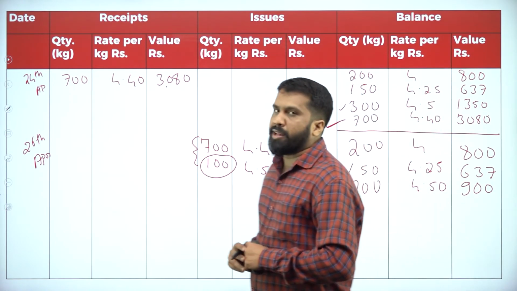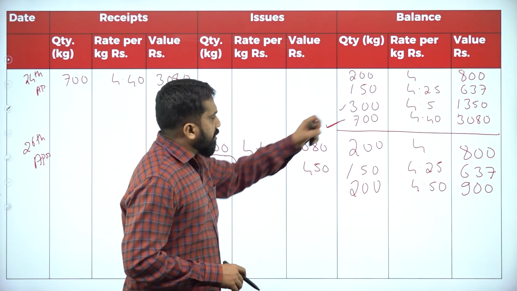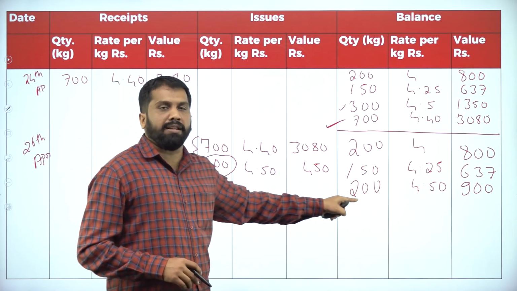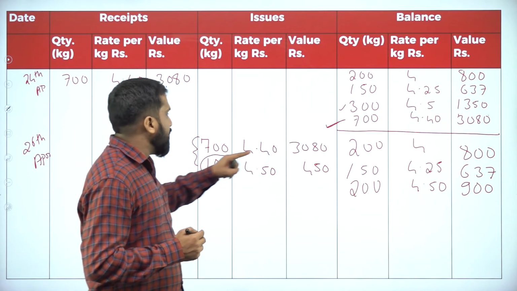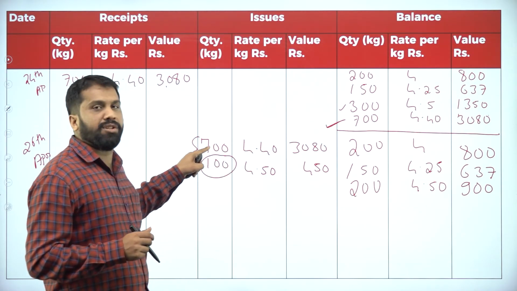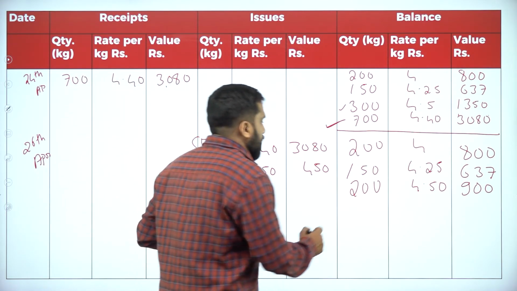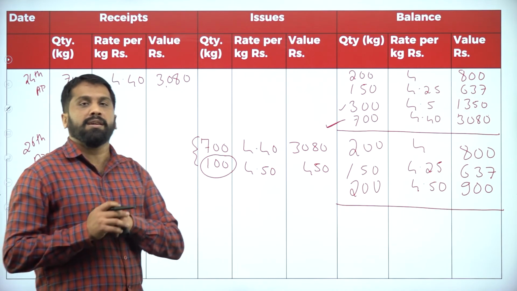So this is all about your calculation. Out of 300 we have used 100, so we are left with only 200. Now the last box we have used completely, so we will not touch your last box. Now this will be your balance. Any doubt? No doubt.